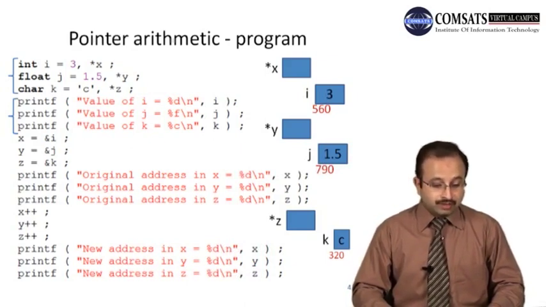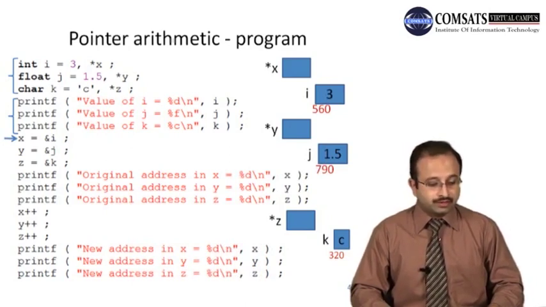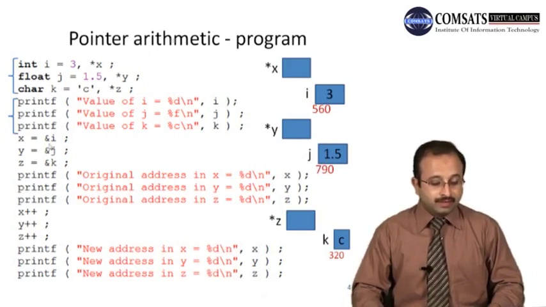Now the next 3 statements are the statements where you are initializing the pointer value, the value contained by the pointer, that is a memory address. So in the first statement you are assigning the address of the memory that is allocated for the variable i, and you can access that address using the & operator. So & means address of i.